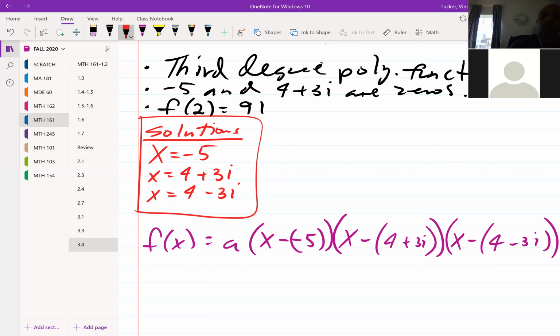All right, so let's look at getting rid of these negatives on all these parentheses. So negative to negative turns positive here. Going to distribute it here and distribute it here.